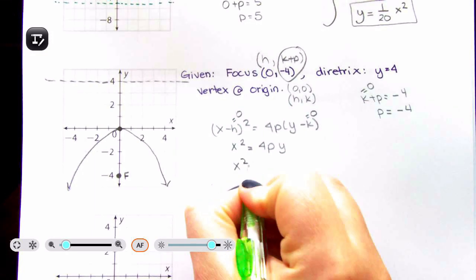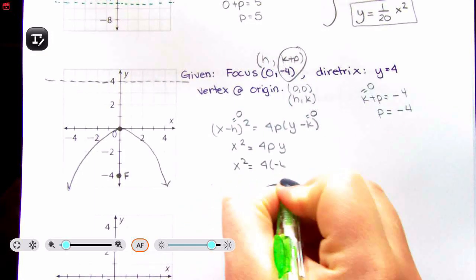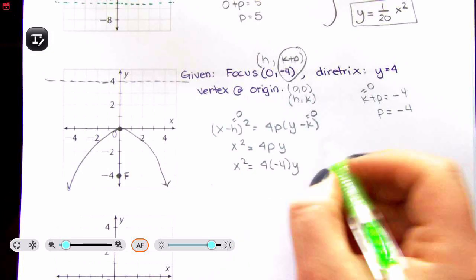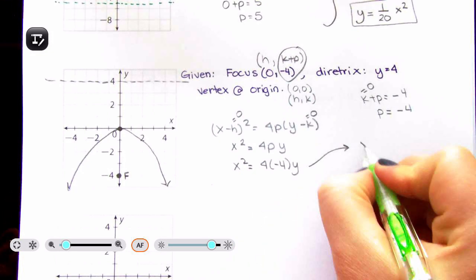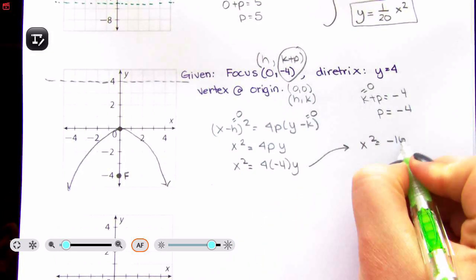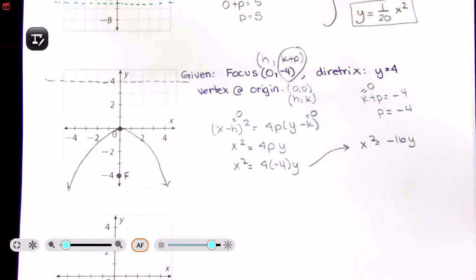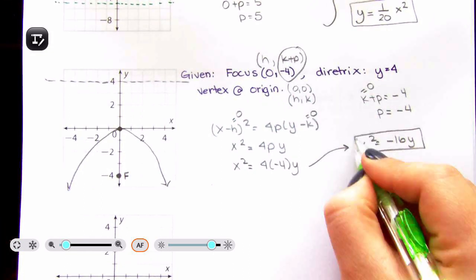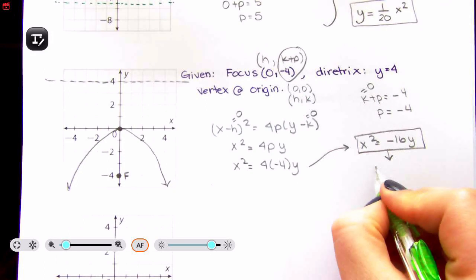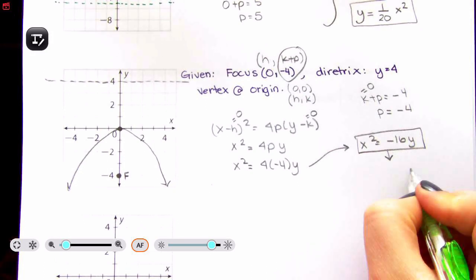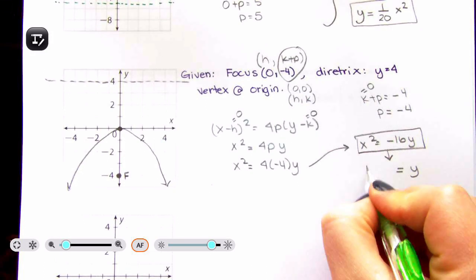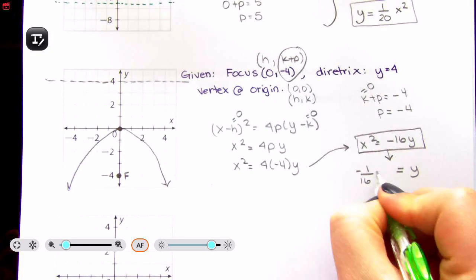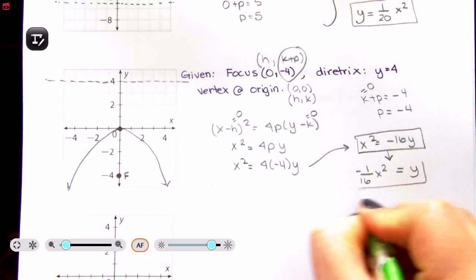So my equation is 4 times -4 y, so then I have x squared is equal to -16y. Or, depending on who your teacher is, they might have you divide. So I have y is equal to -1/16 times x squared.